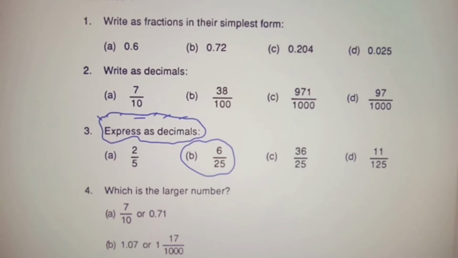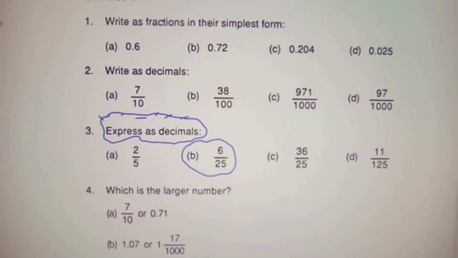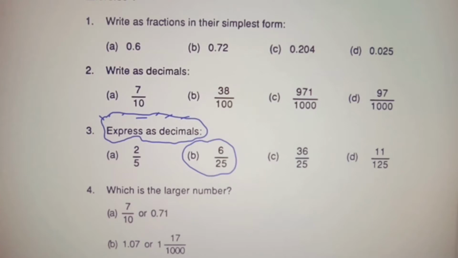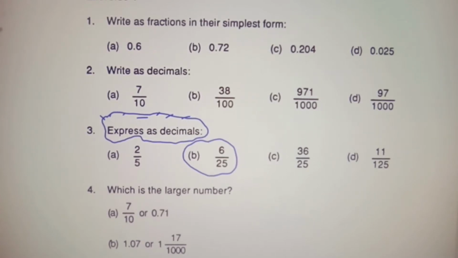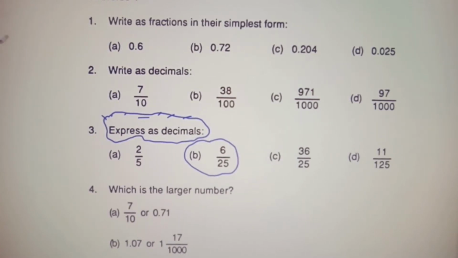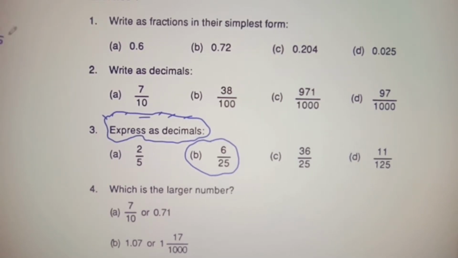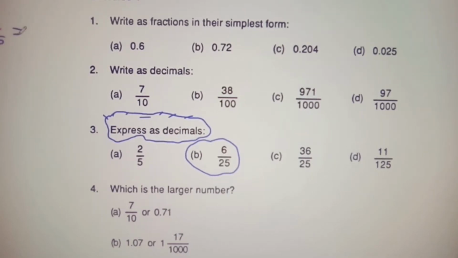So we have 6 over 25. Now we need to put this into a bracket, equals, in a bracket.